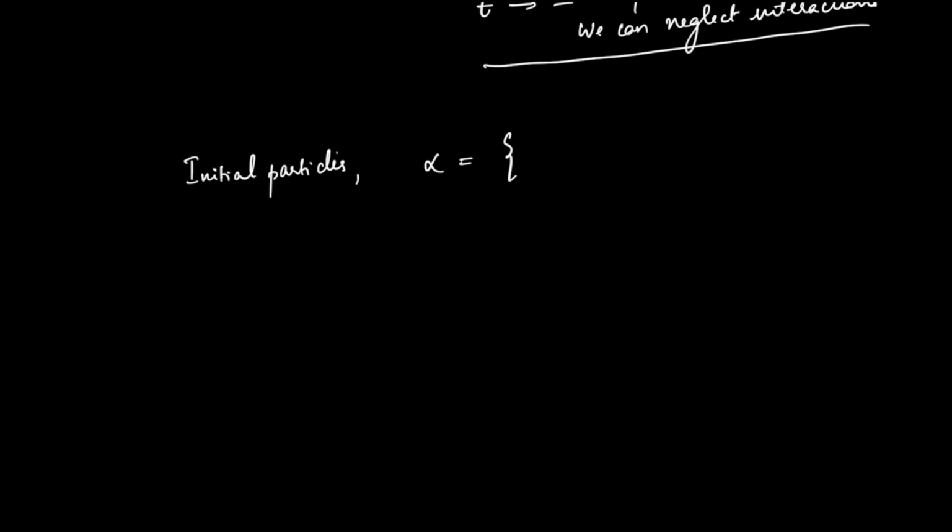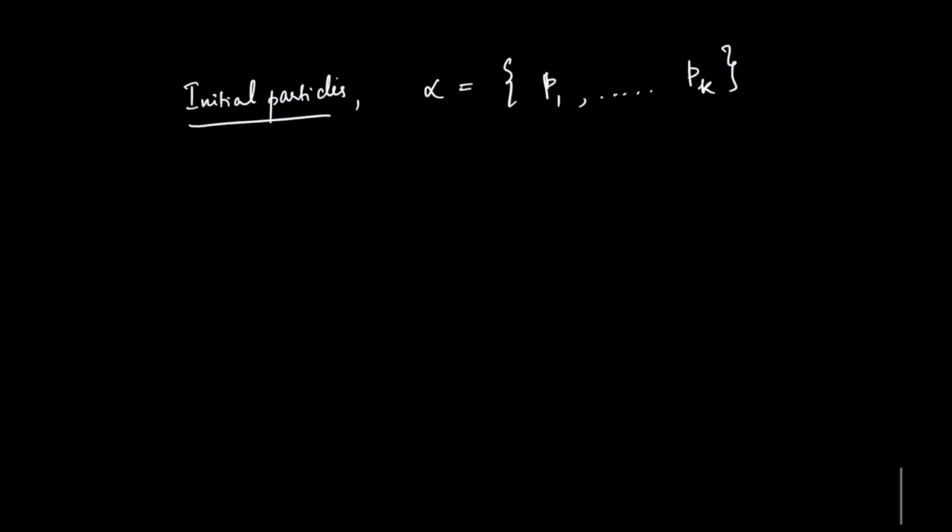So alpha is a collection of momentum of initial particles. So let's say that there are k number of initial particles. Then there are p1, p2, p3, up to pk momenta, and alpha is the collection of the momentum of initial particles.